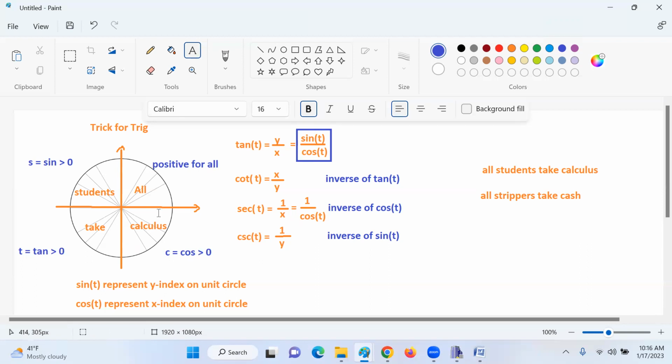Many of them didn't, but saying All Stripper Take Cash makes more sense. Like, all of them are positive, S means the sine is positive, T means the tangent is positive, and the C means the cosine is positive. Okay, I'm sorry for that.